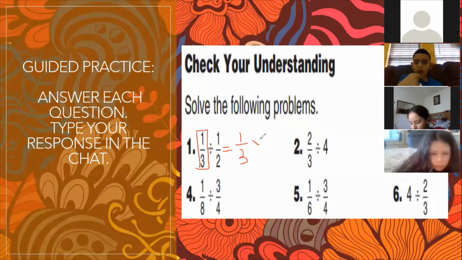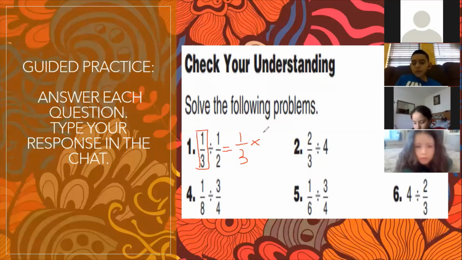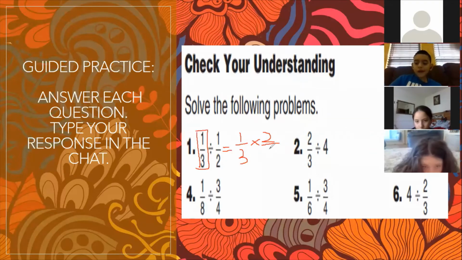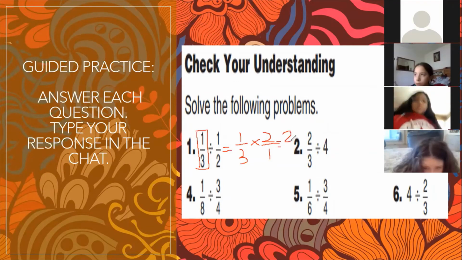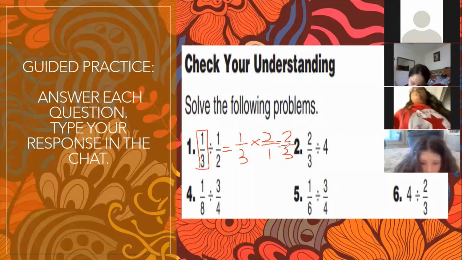It flips. So a lot of you are leaving that step out. You're not flipping. So what is my answer here now? What is 2 times 1? 2. And then what is 3 times 1? 3. Good. So our answer to the first one is 2/3. So make sure you are using the keep, change, flip strategy.